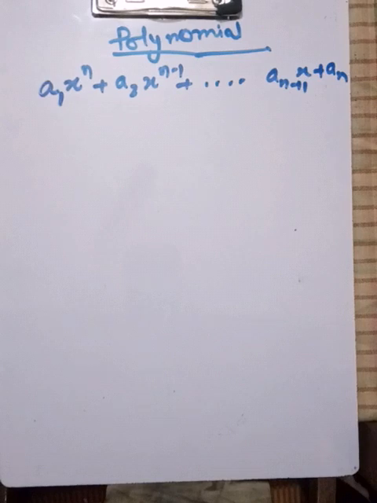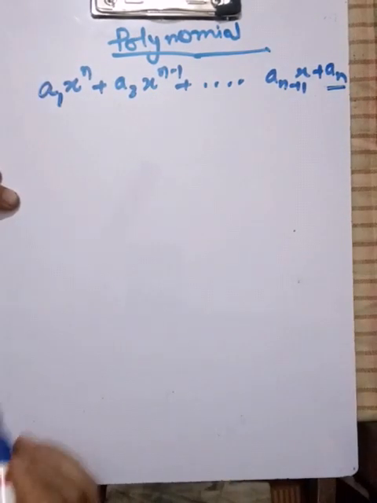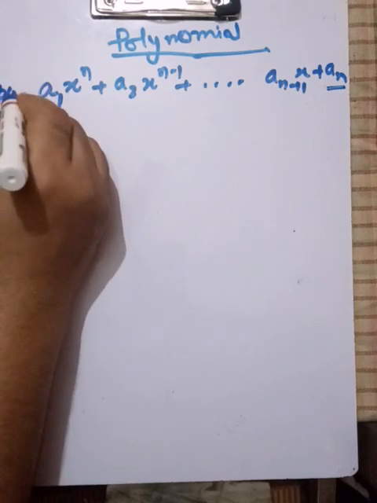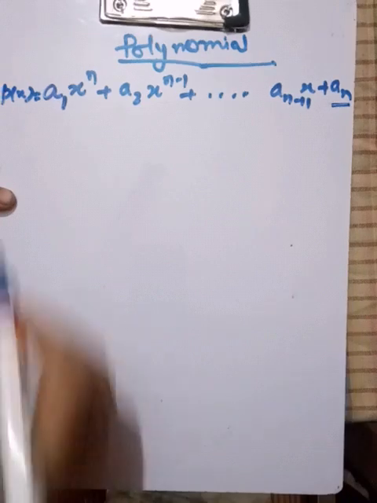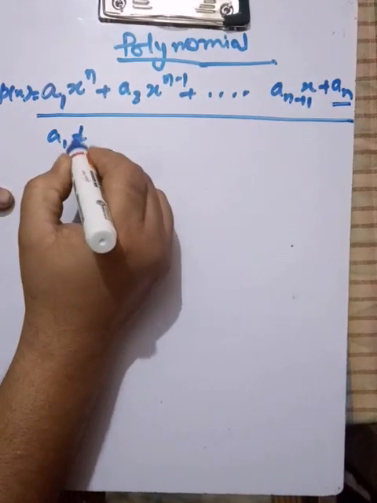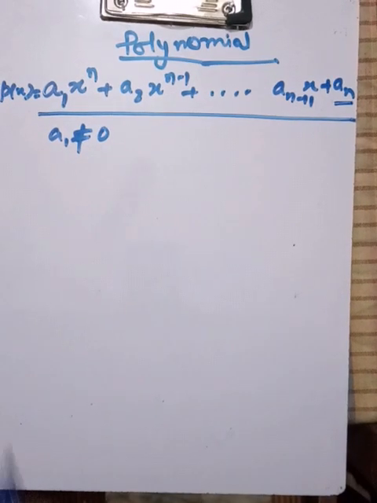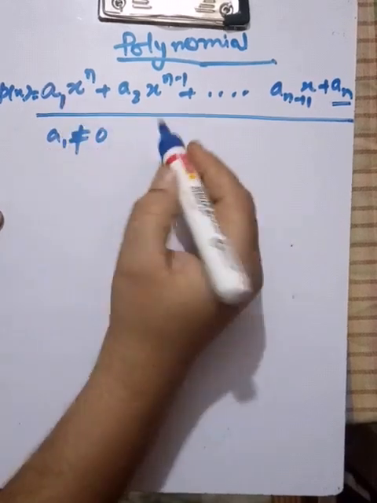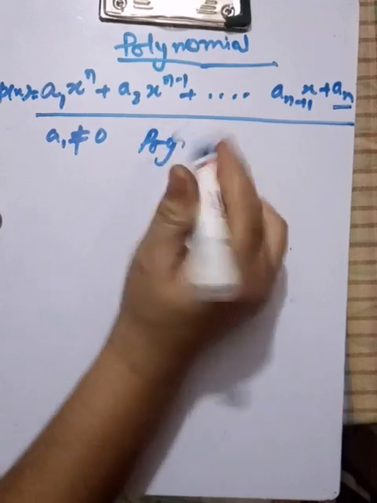This last term contains no x, and this is denoted as p(x). So any algebraic expression in this form, where a0 is not equal to 0, is called a polynomial of degree n.